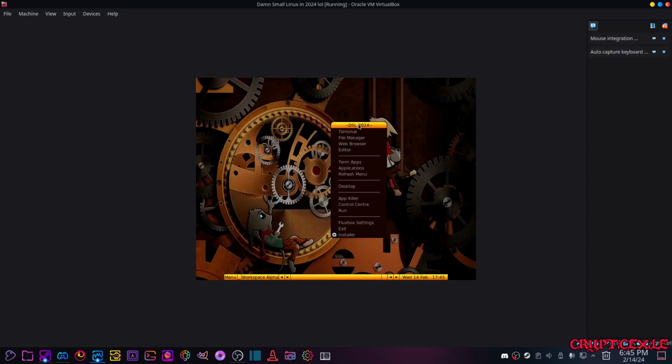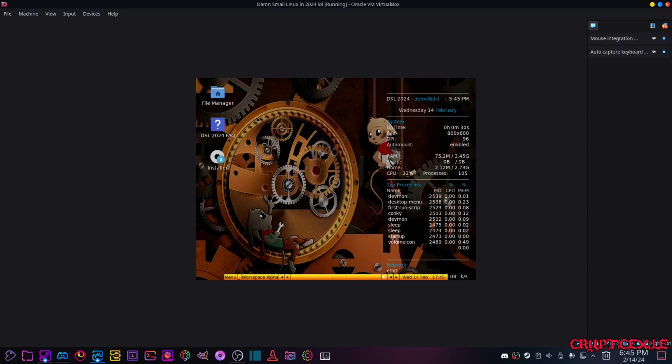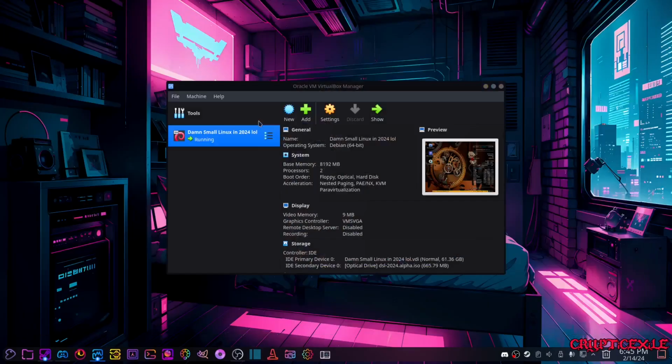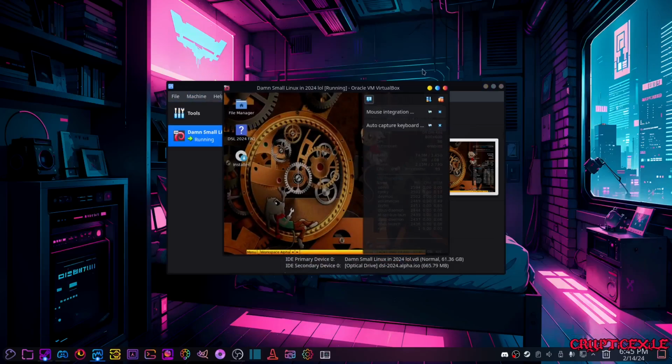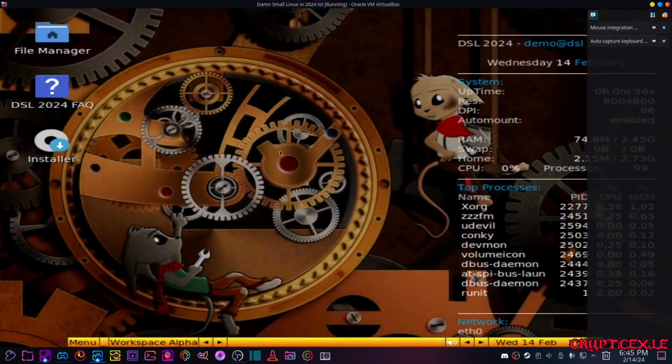I'll give it credit. This does look like the Damn Small Linux that I remember. Stretch mode. So yeah.